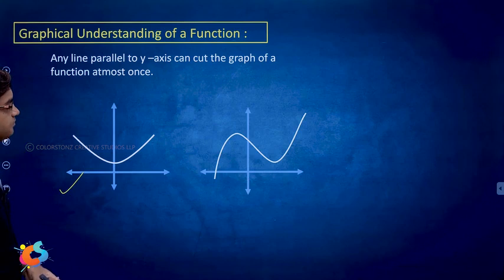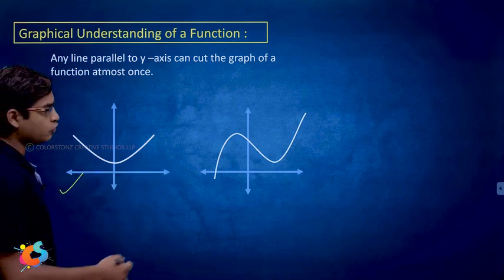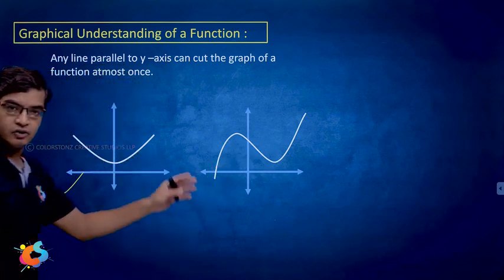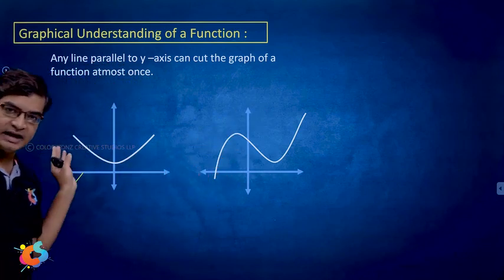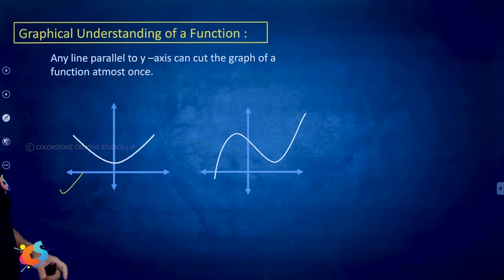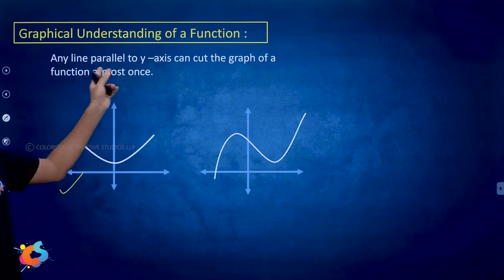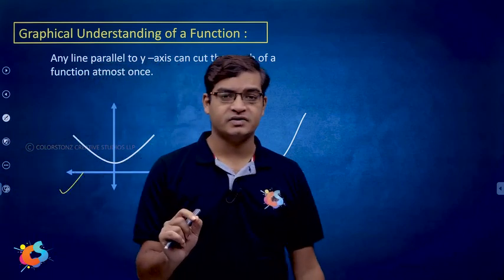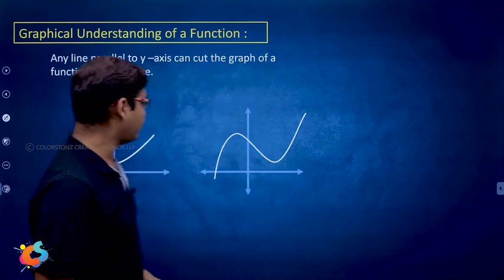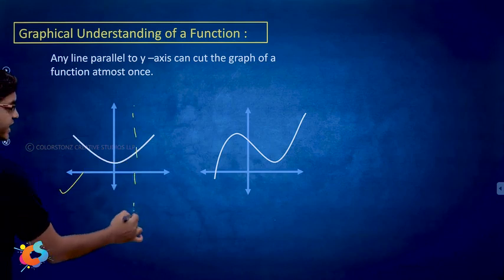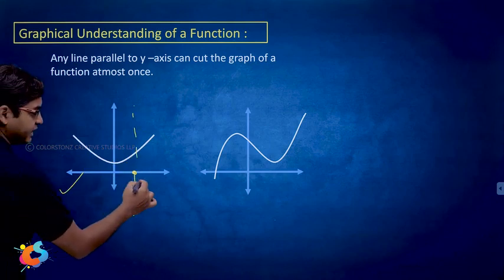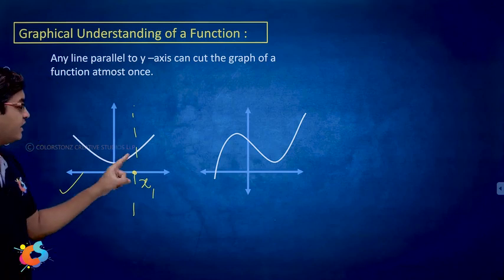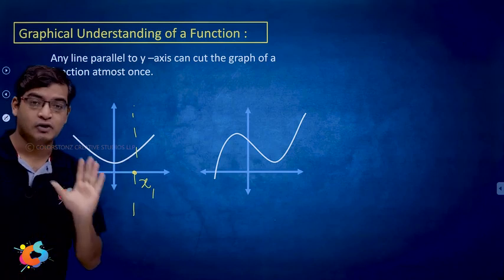Next, let us come here. Now, as I told you, whenever you leave the graph like this, that means it is going like this on the positive side and on the negative side also. Okay. Now, what is this saying? Any line parallel to the y-axis can cut the graph at most once. Means if you are taking a line which is parallel to the y-axis, it has one single x coordinate. For this x coordinate, there cannot be more than one y coordinate.